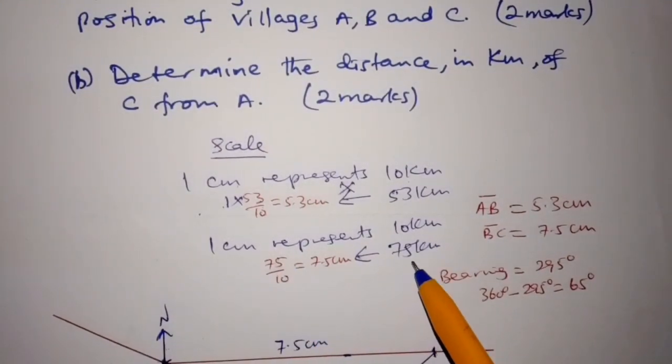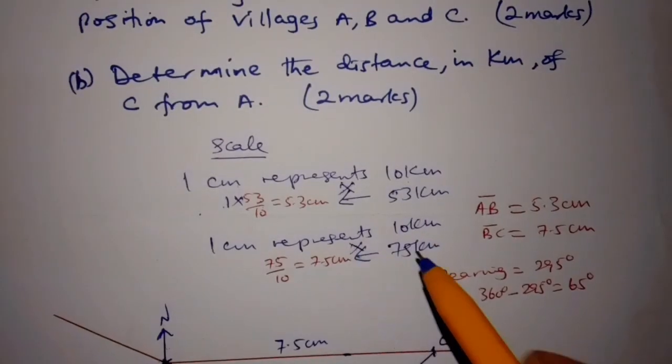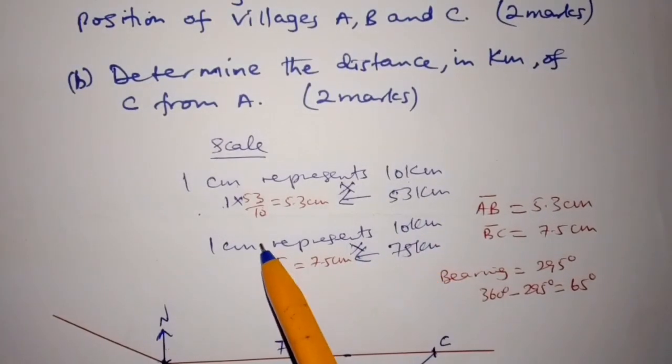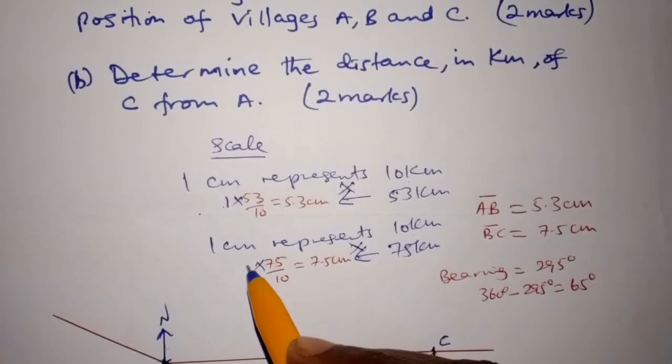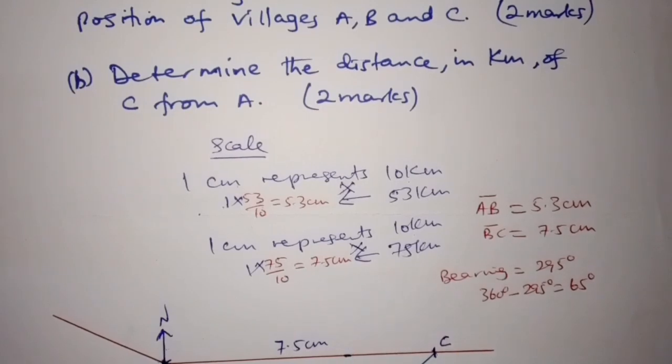What about 75 kilometers? We cross multiply: 75 times 1 over 10, which is 7.5 centimeters.